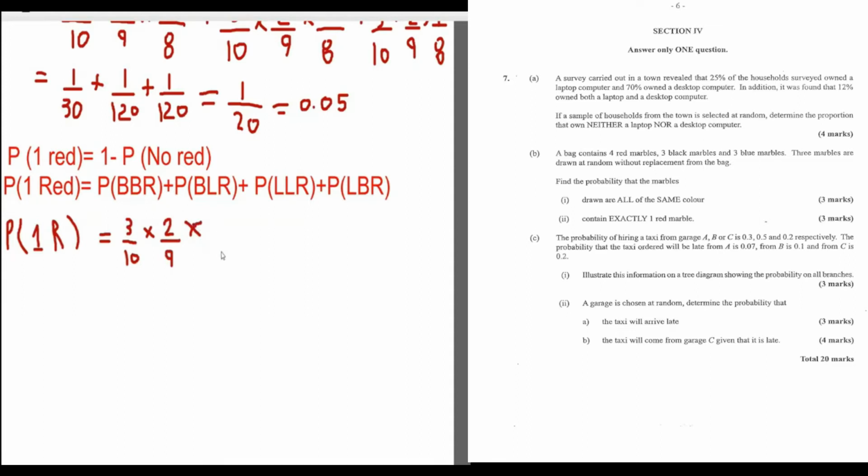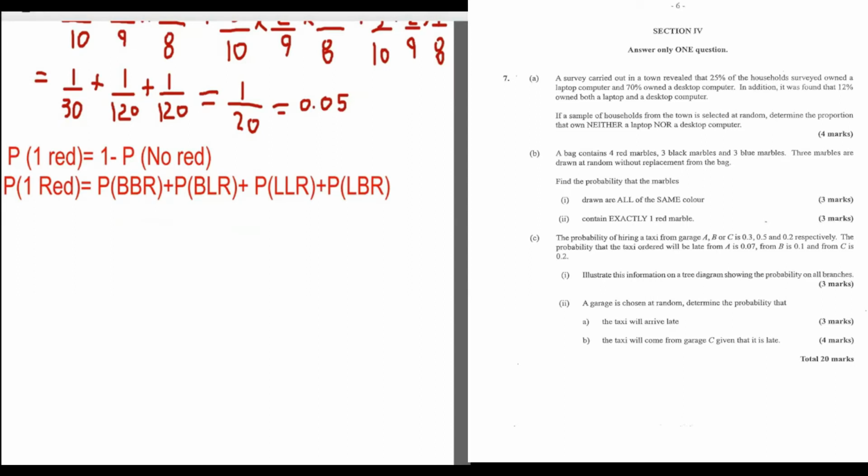You have 8 marbles in there and you have to take out 1 red, 4 red in there, so it's 4 out of 8 plus, and you do the same for the other orderings. This method seems longer, but this is the principle.